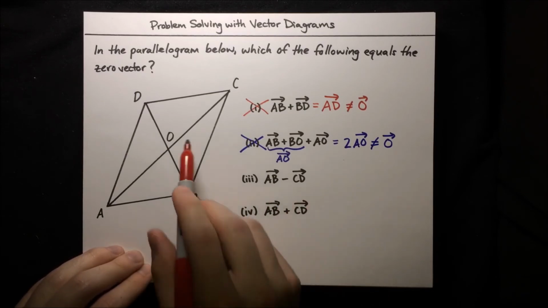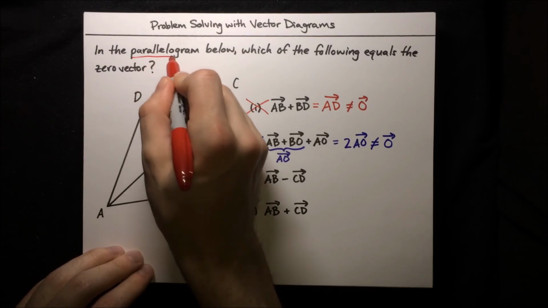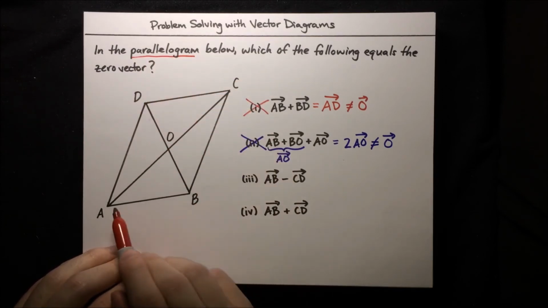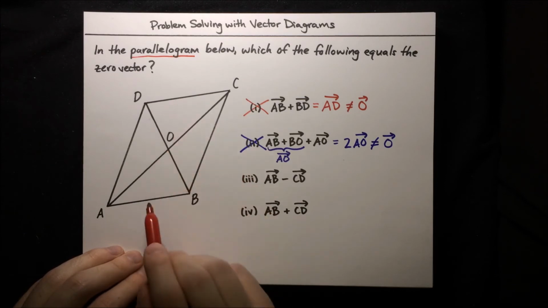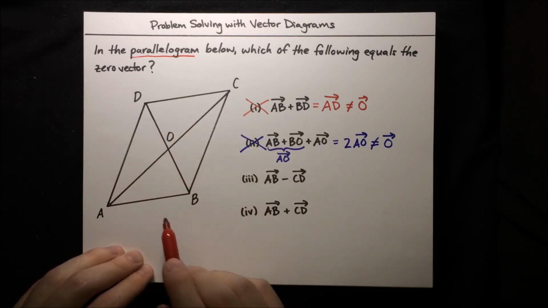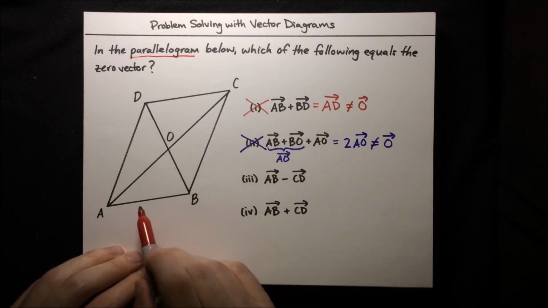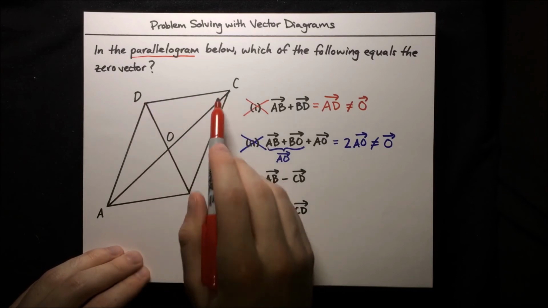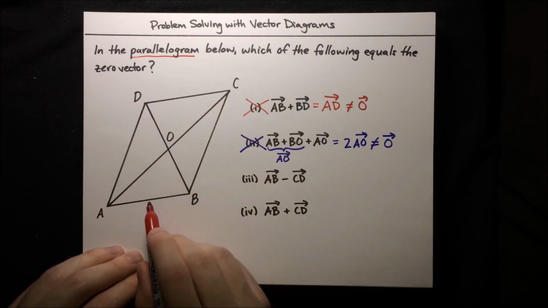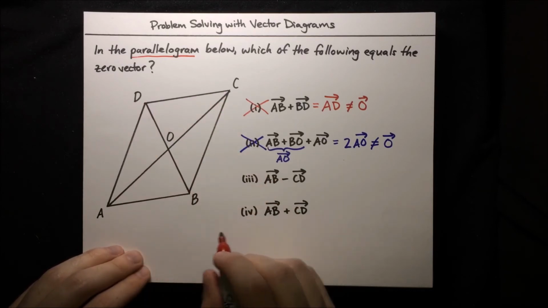One thing to notice is that we're told that this diagram is a parallelogram. So that means that the sides of the parallelogram, pairs of opposite sides here, are congruent and parallel. So in particular, we have that the side AB is congruent and parallel to the side DC. So let's write that in terms of vectors.